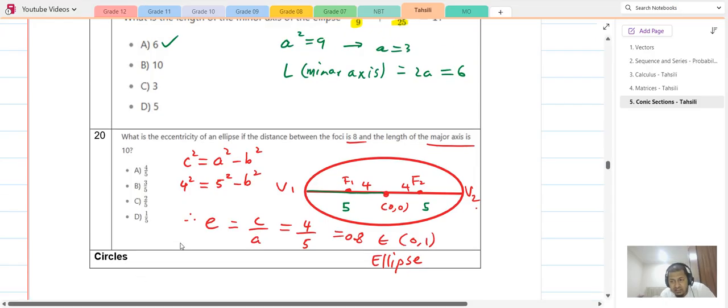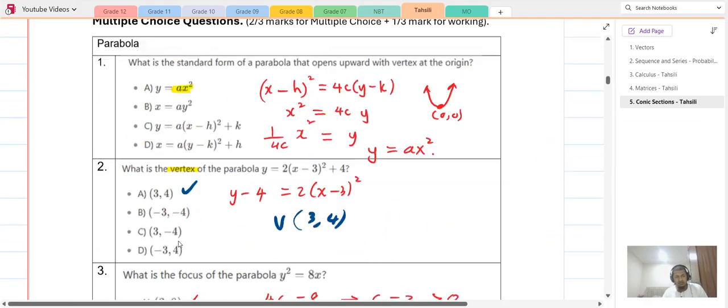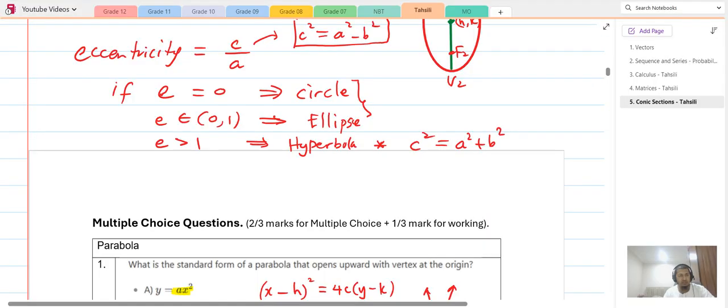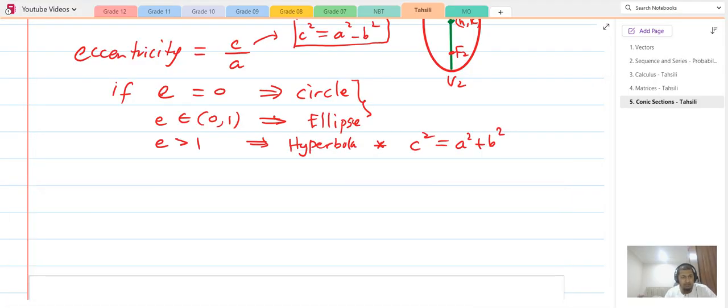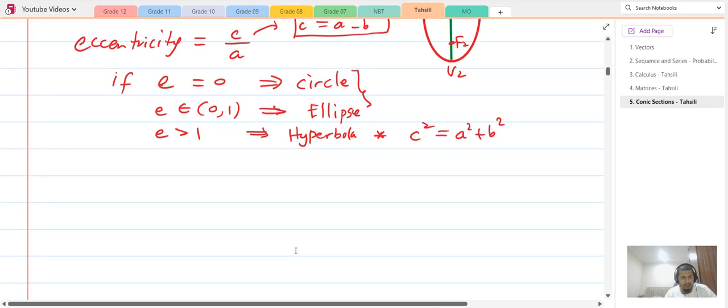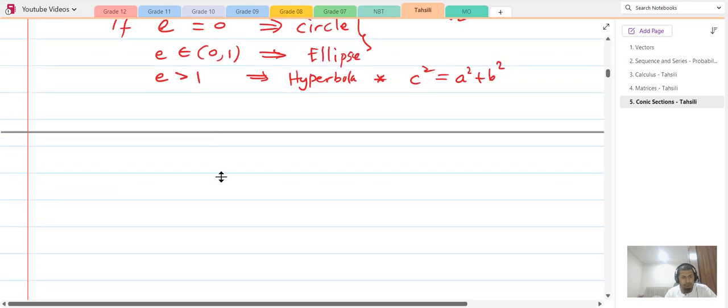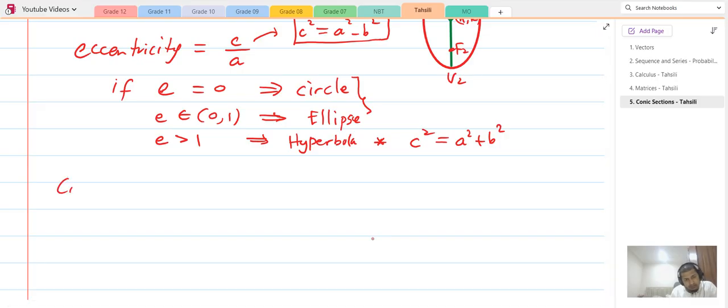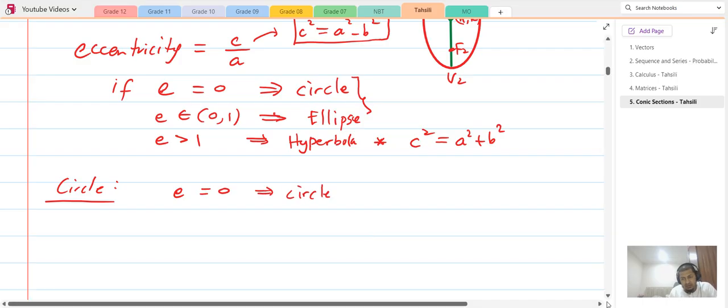Now let's move on to circles. Just quick theory on circles is very simple, not difficult at all. Remember, the eccentricity for a circle is always 0, so then it's a circle, right?